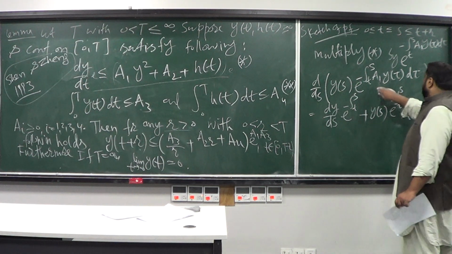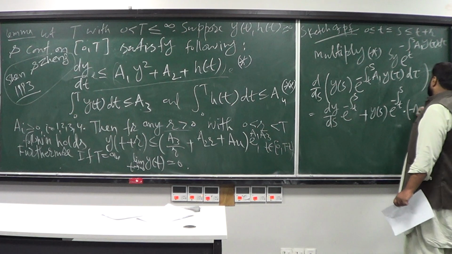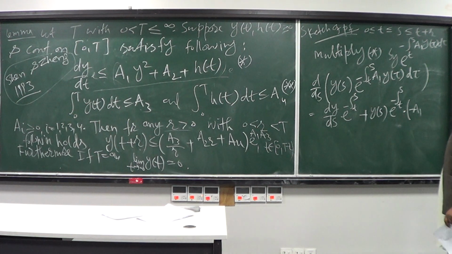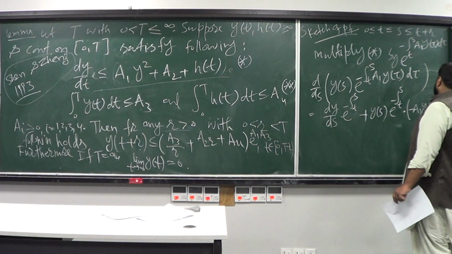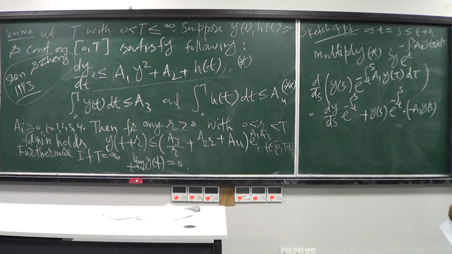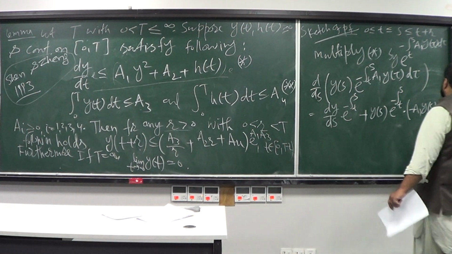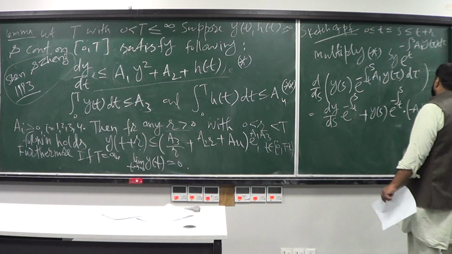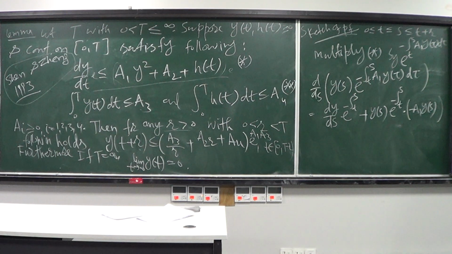So you're going to remain with the integrand actually. So it's going to be a1, okay, y of s, and that's it. So it's a1 y of s. So this is what you're going to get. So a1 is really a constant. Okay, it's like a fixed constant.